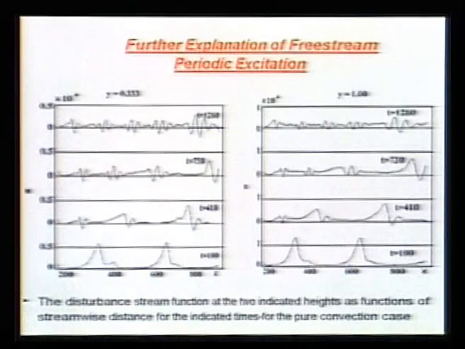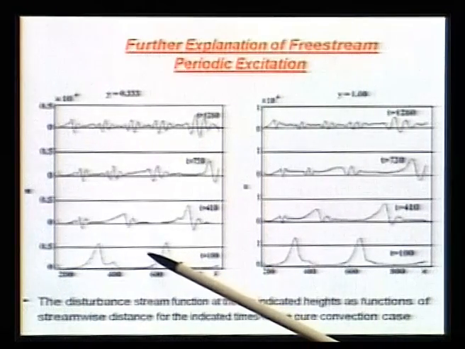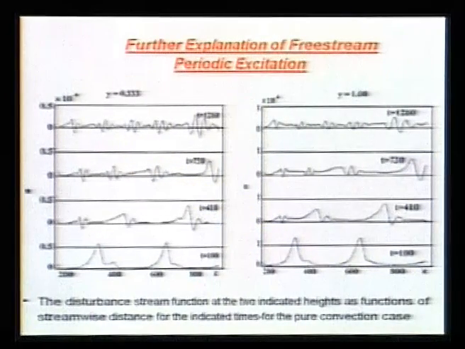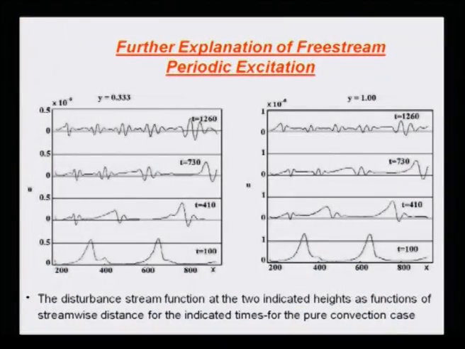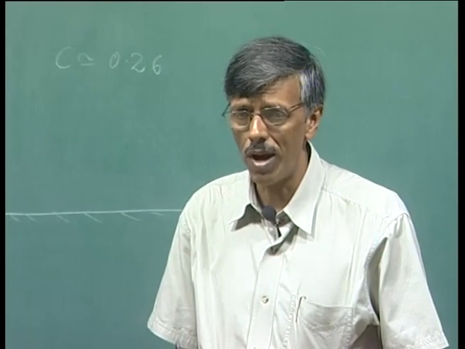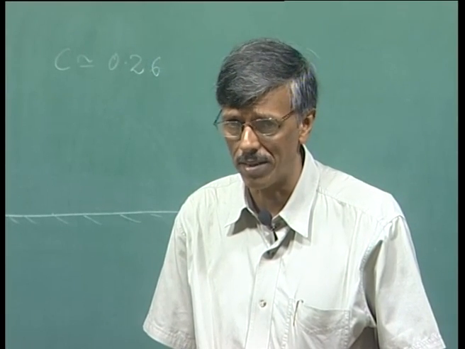So we started off with a very coherent excitation, but here we end up with sort of filling up the whole space. So this is the story of the pure convection case also can provide the seed of instability in a boundary layer.